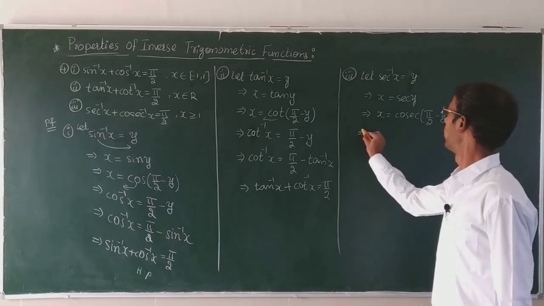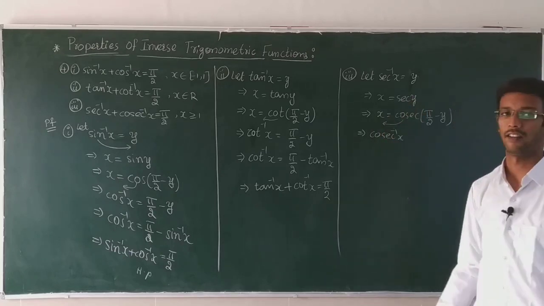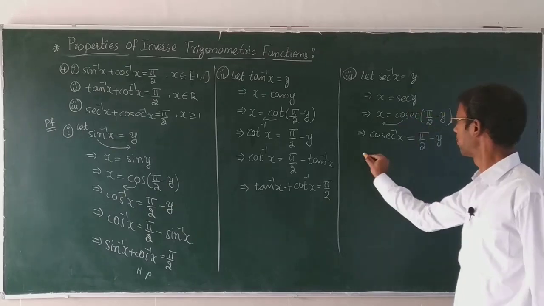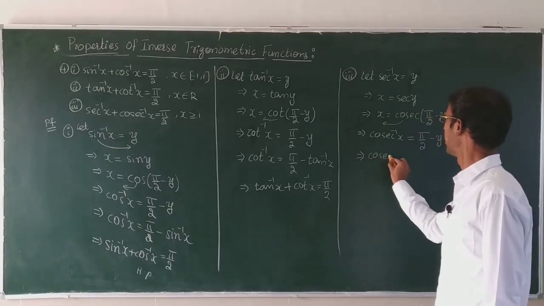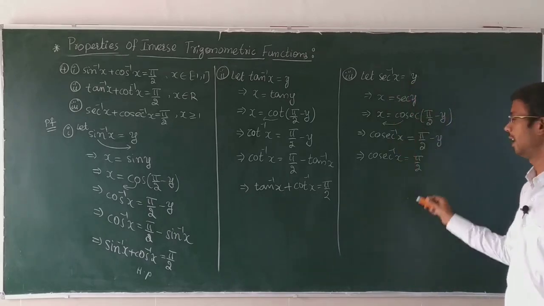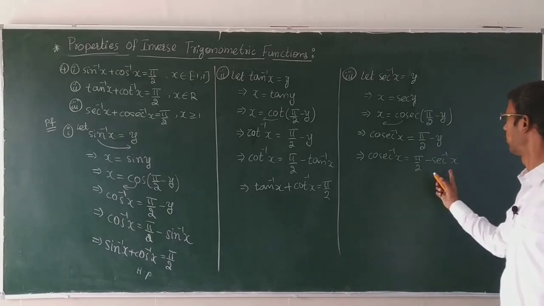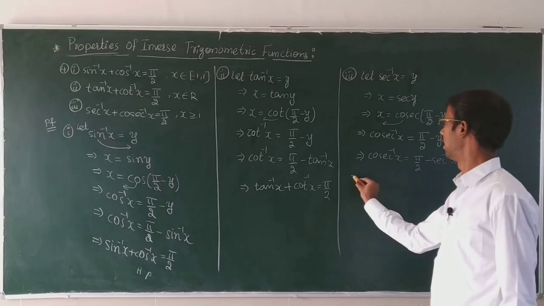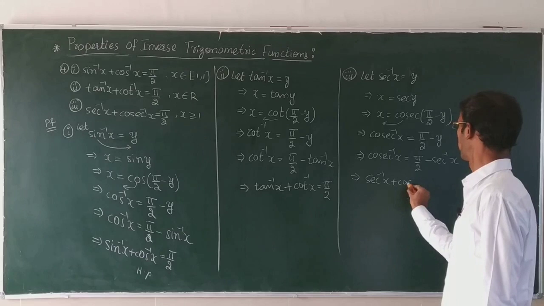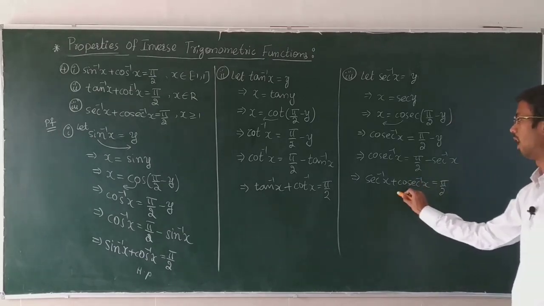Now cosecant inverse x is equal to pi by 2 minus y. What is the y value? Secant inverse x. If you send this to the left side, it becomes secant inverse x plus cosecant inverse x is equal to pi by 2, and proved.